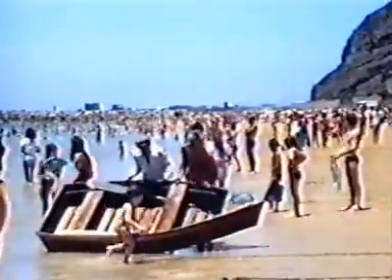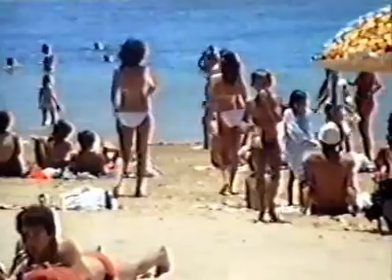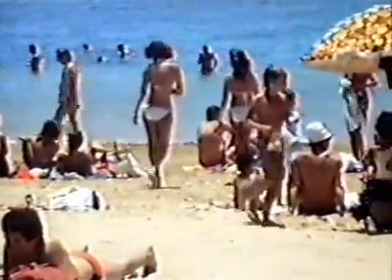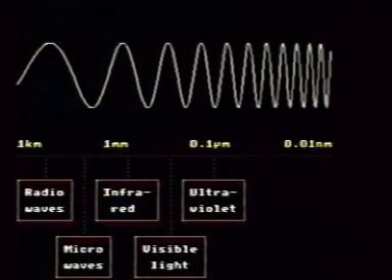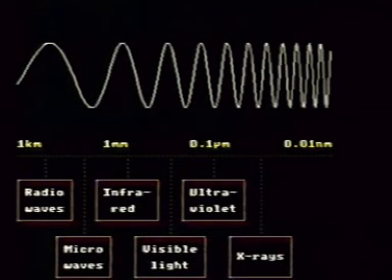Just shorter in wavelength than visible violet is ultraviolet, or UV. It's present in sunlight and is more penetrating than visible light. It's the ultraviolet which tans and burns us. Shorter still in wavelength are X-rays, and as the wavelength shortens, the penetration of the waves increases.